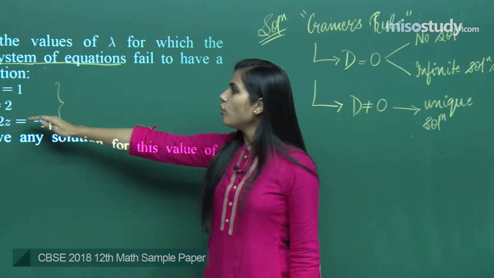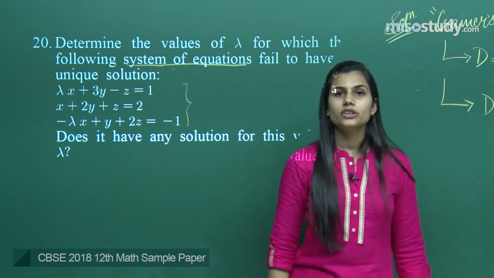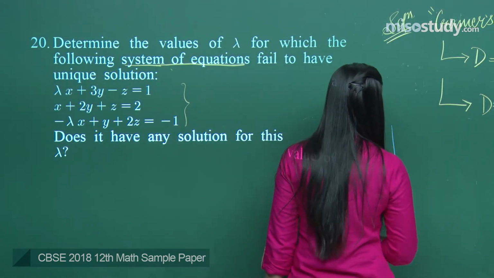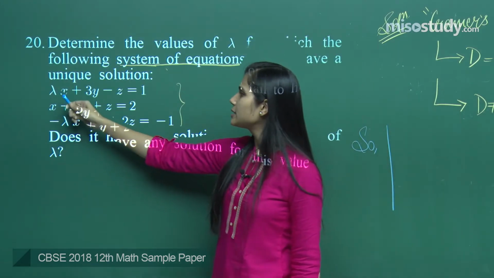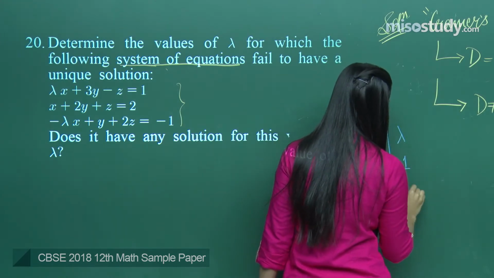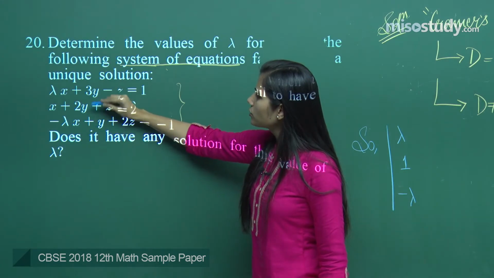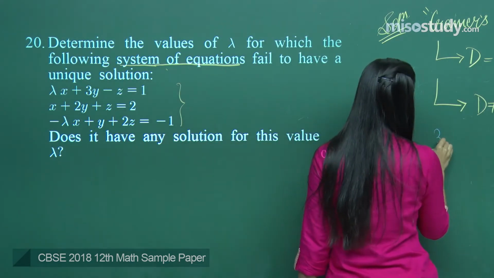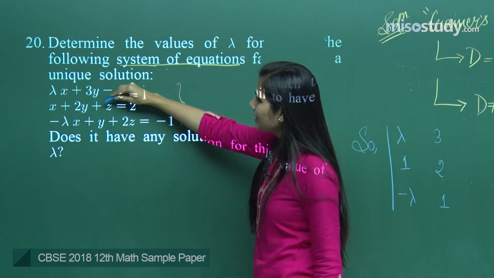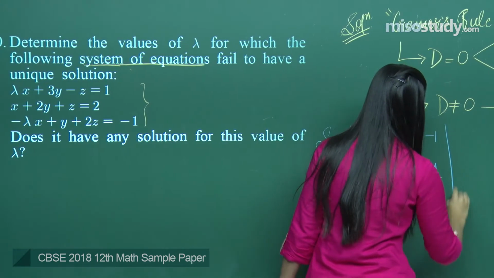So the determinant of the coefficient matrix will be 0. Let's make it: lambda, 1, minus lambda. Then the second column is the coefficients of y, so 3, 2 and 1. And the last is the coefficients of z, so minus 1, 1 and 2.